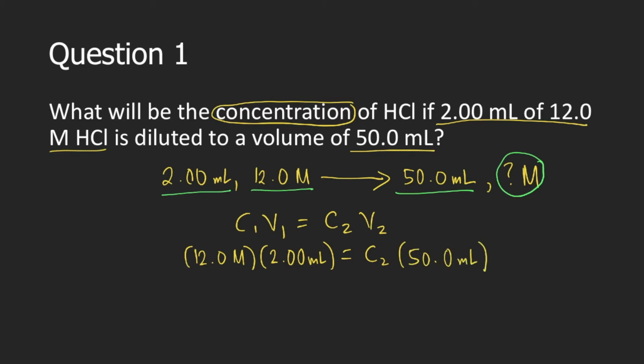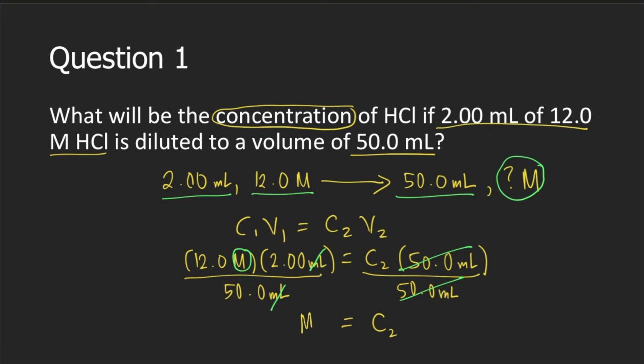To solve for C2, divide both sides of the equation by 50 ml. So 50 ml cancels on the right side, and what remains on the right side is C2. And on the left side, we have 12 molar times 2 ml divided by 50 ml. So ml will cancel, and our unit on the right side would be molar.